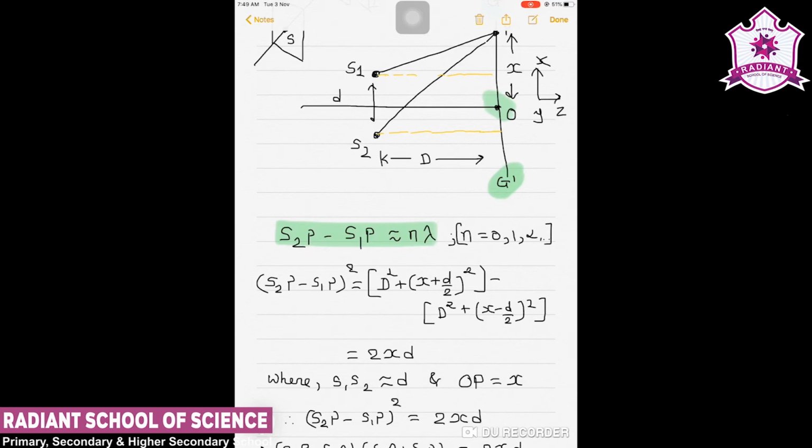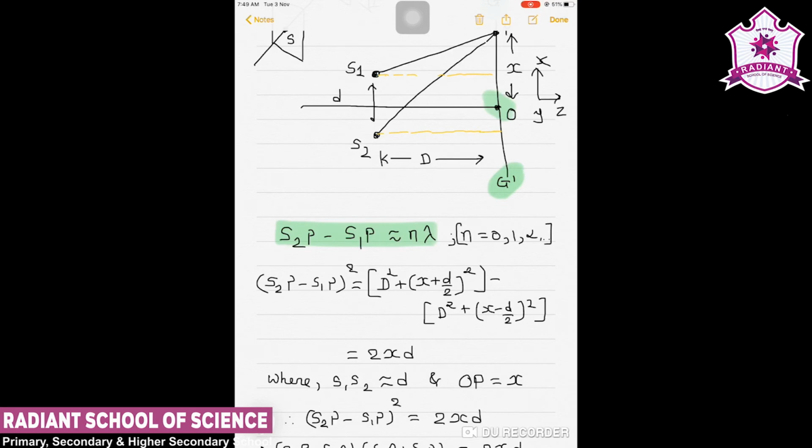If we consider the line perpendicular to the plane of paper and passing through O, then all points on this line will be equidistant from S1 and S2, and we will have a bright central fringe, which is a straight line, as we have shown in the figure below.